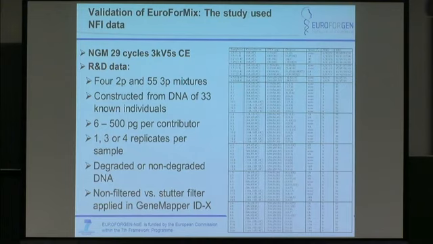There was a very wide range of stains produced from these individuals, between 6 to 500 picograms per contributor, using 1, 3, 4 replicates per sample. DNA was either degraded or non-degraded. And we also evaluated the effect of non-filtered versus stutter filter application in the GeneMapper IDX module.